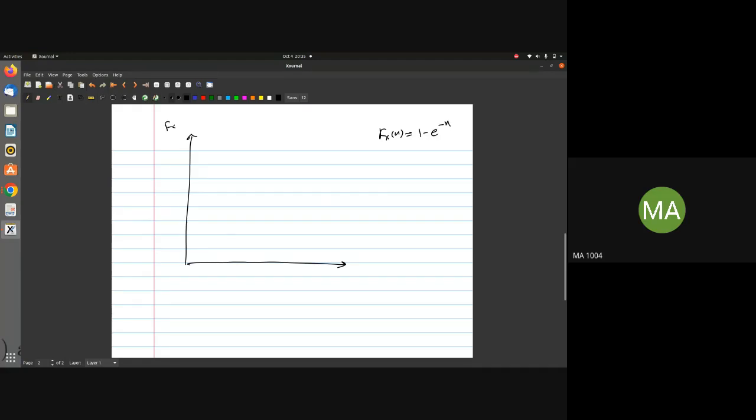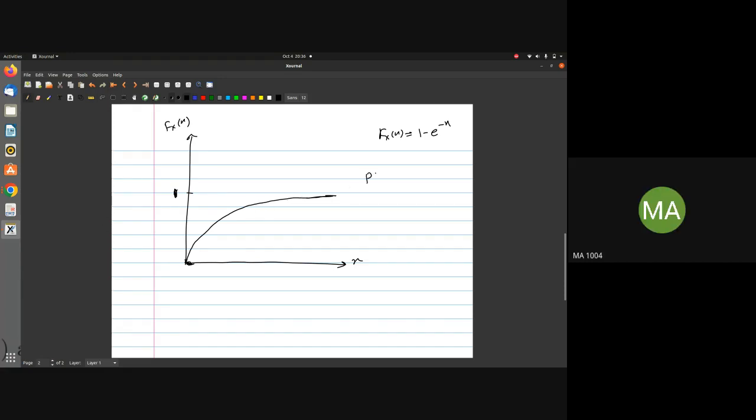How will it look? It starts from 0 and goes to 1, curving upwards. It goes up to 1, and y equal to 1 is an asymptote. It will not meet 1 at any finite point; it approaches 1 at infinity. So this should be the CDF.